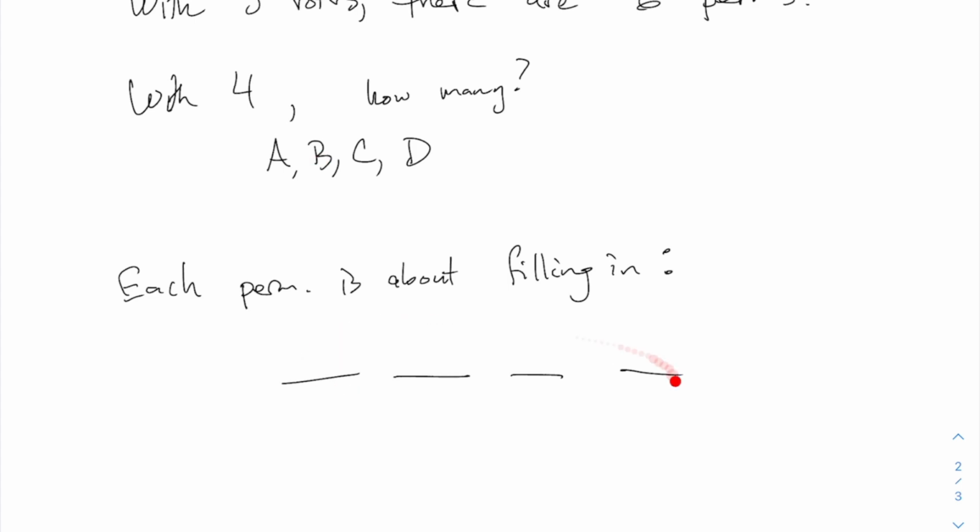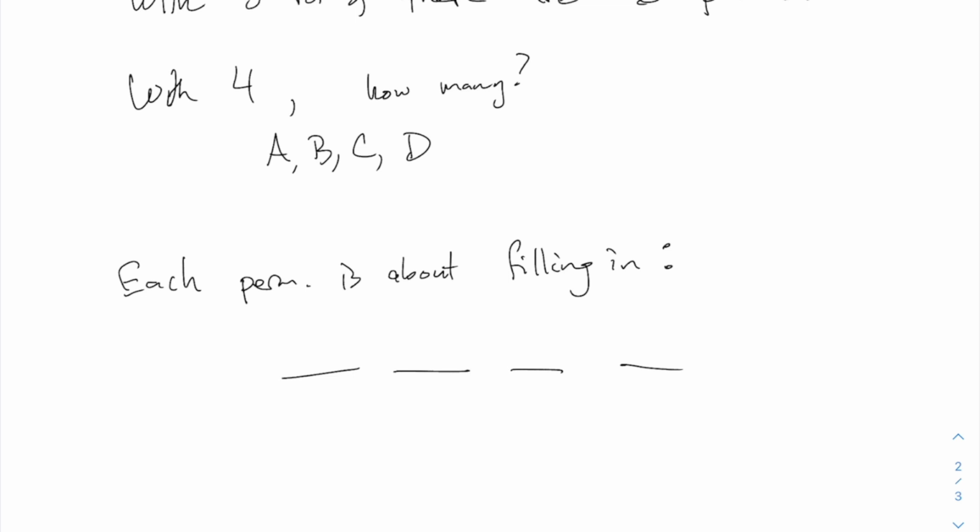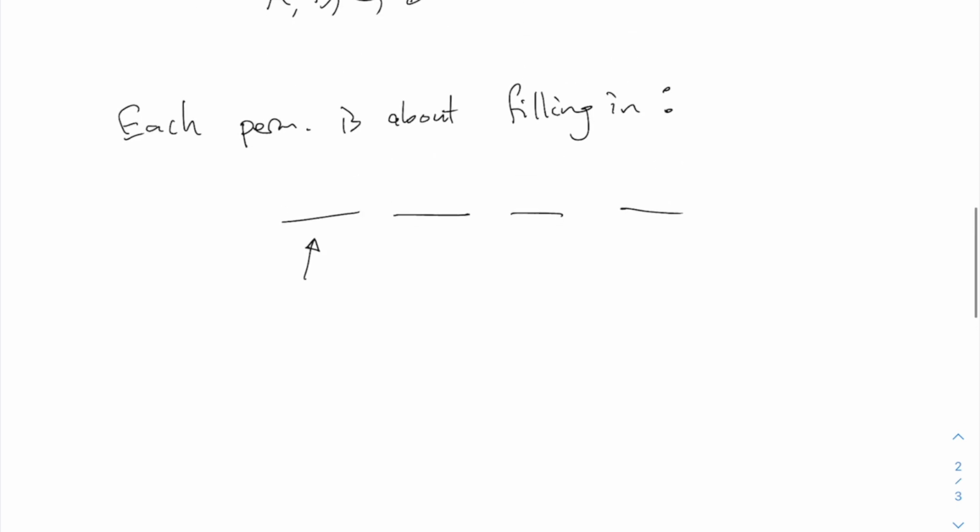Each different way amounts to filling in the blanks in those 4 spots, and you're not allowed to reuse the same letter. Let's think about how many different ways there are to fill in the blanks here. You could imagine choosing them one at a time from left to right. Anybody want to say, how many choices do I have in choosing who's going to be first?